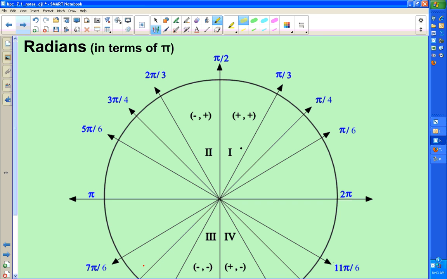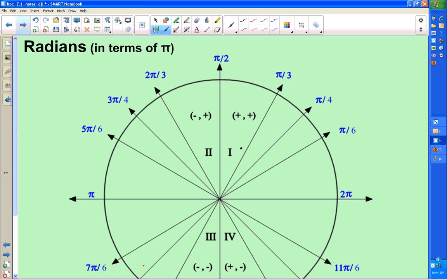Because if I tell you, let's do 20 pi over 3 degrees, we're talking about 20 pi over 3 degrees. All right? You're looking at somewhere around 20 degrees. But you're in degrees. It just happens to have pi in it as well.